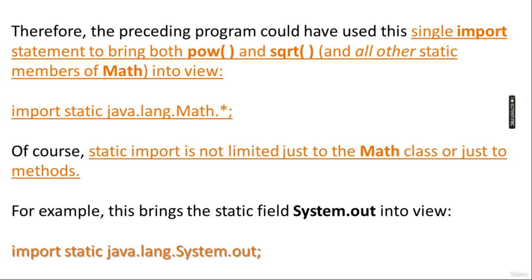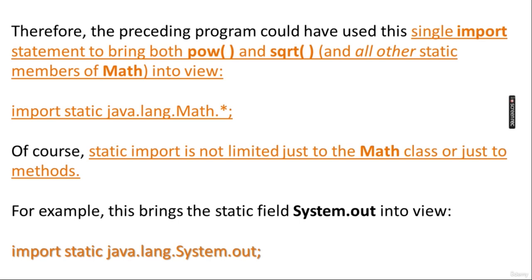So you can use this format, and if you press space, you will be prompted with all the possible static members from that class. So you need not remember, Google, or find out which static members I am going to use in my Java program.